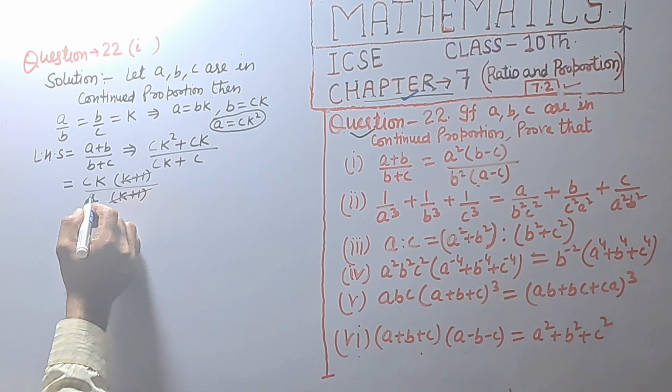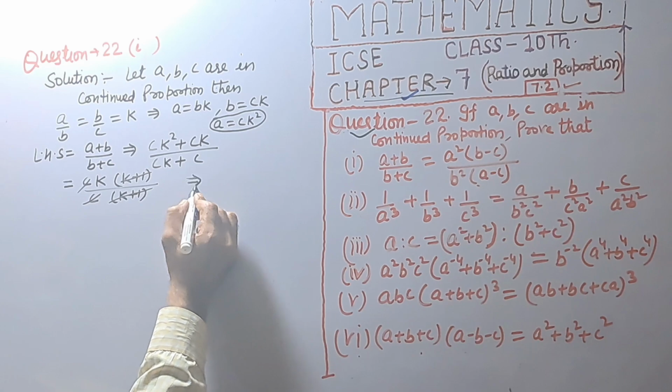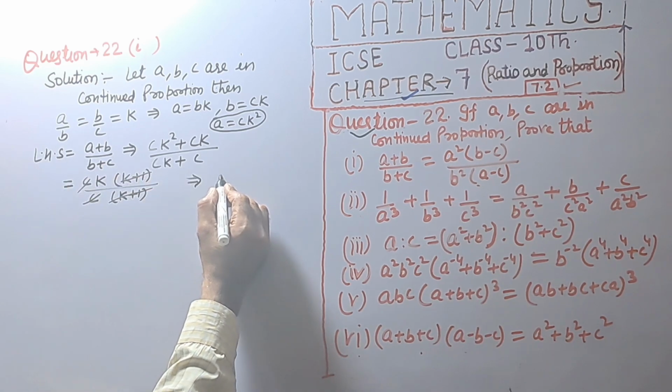This is cancelled and C is cancelled, and we get left hand side is equal to K.